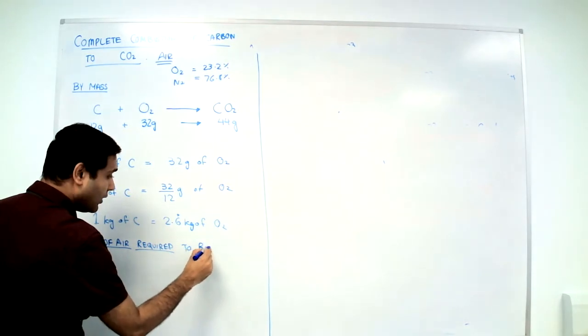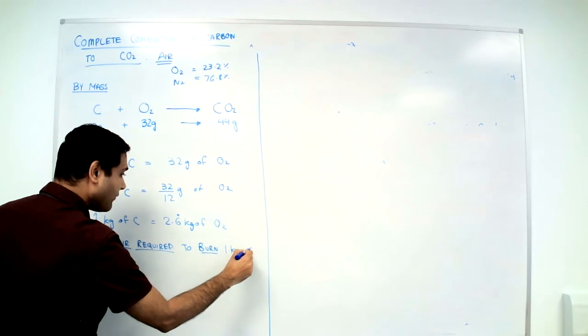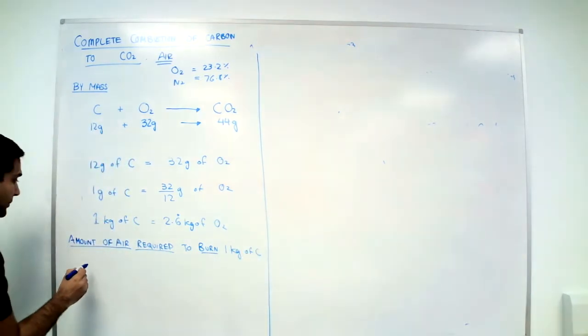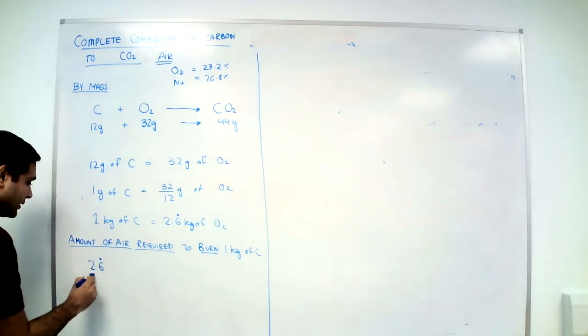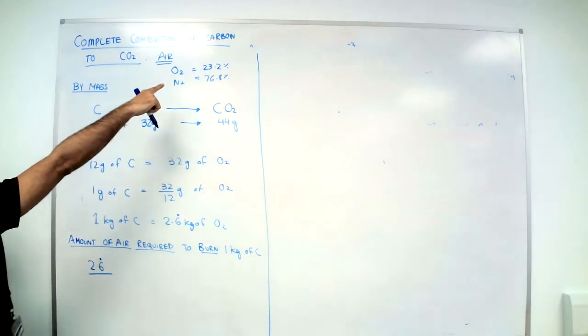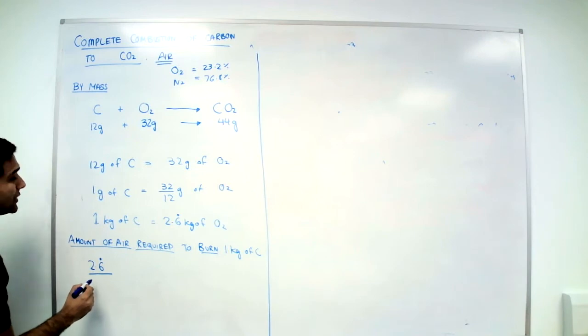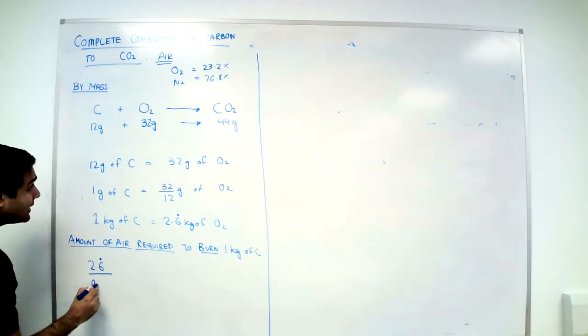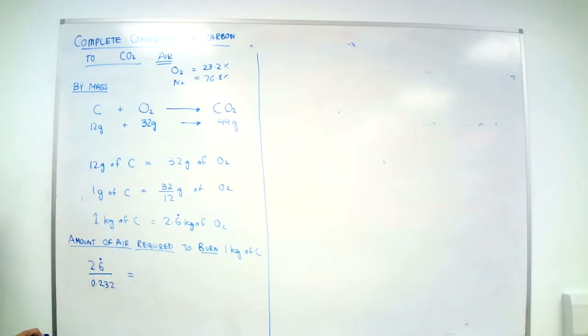To burn or completely combust 1 kilogram of carbon, it's going to be 2.66 recurring divided by the percentage of oxygen that's present, 23.2%. 23.2% is actually 0.232. So if you divide that, you will get an answer, 11.4.